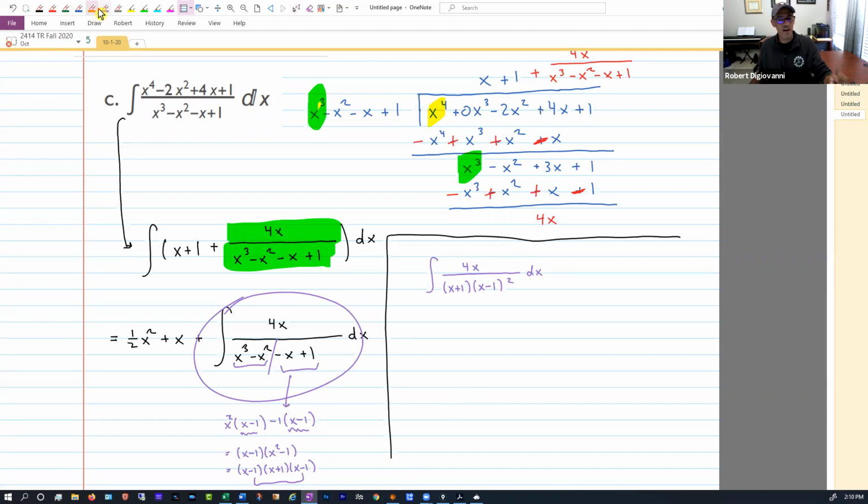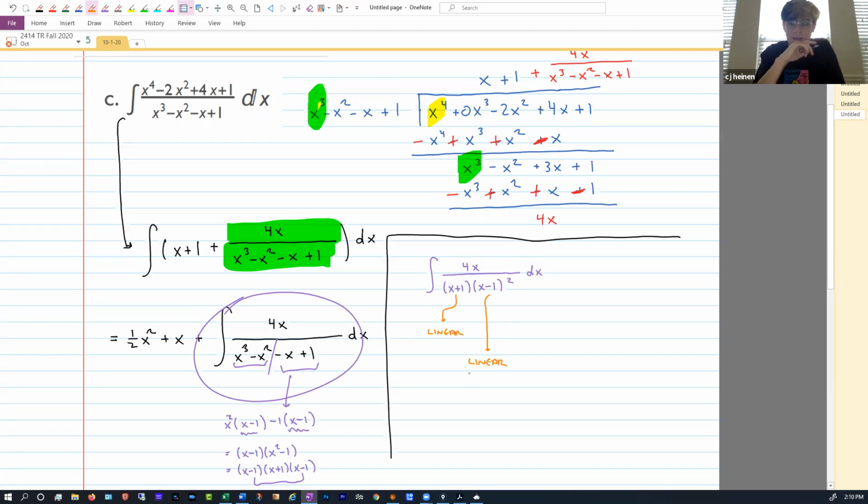Let's take some time to look at these factors and discuss them. We have here a linear factor, right? Okay, here we have what? Linear, but it's what? It's repeated.